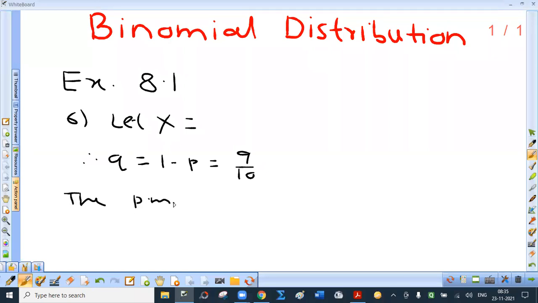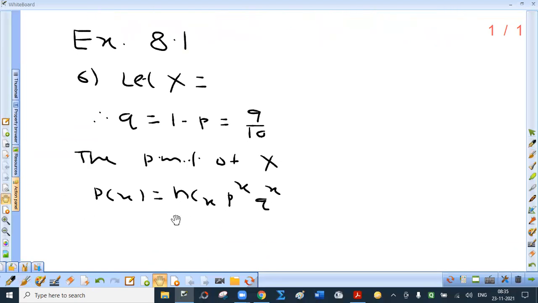Okay. Now what is the PMF of X? P of X equal to NCX P raised to X Q raised to X. Before that we should have written that this follows a binomial distribution. What is N?